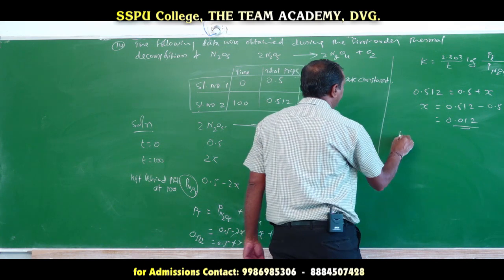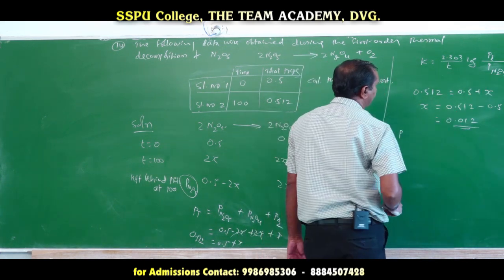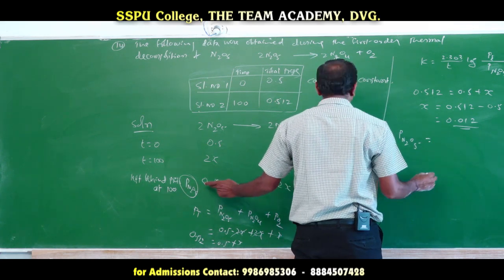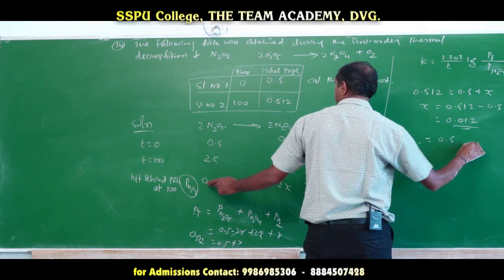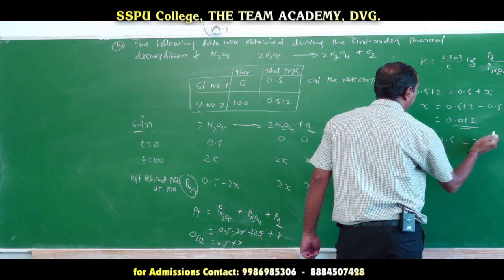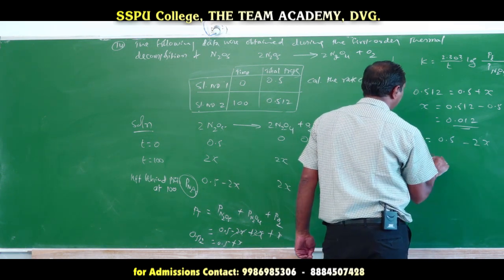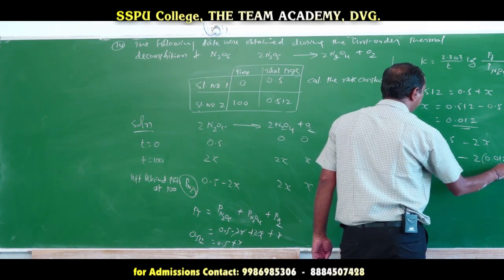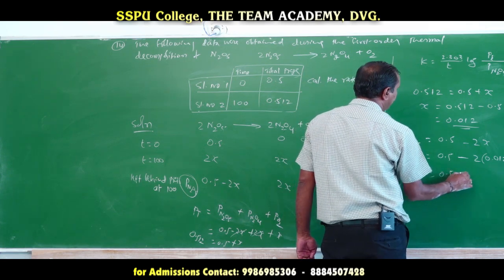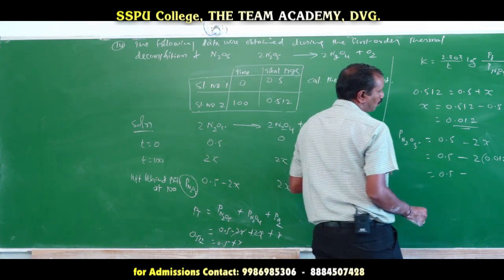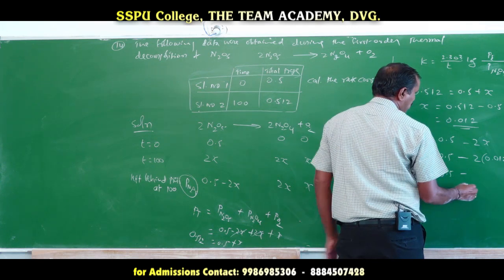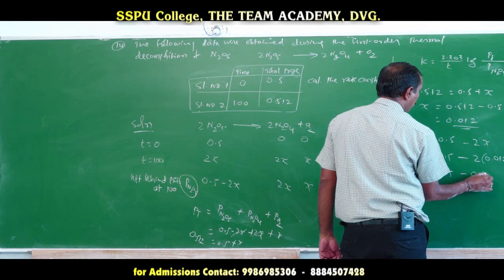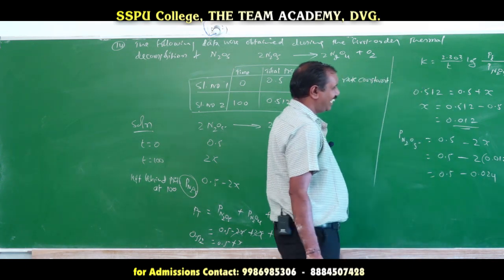Okay, done. Now we need the partial pressure of N2O5. The partial pressure of N2O5 is 0.5 minus 2 into x, and the x value is 0.012. So 0.5 minus 2 into 0.012, that is 0.024 nearly.